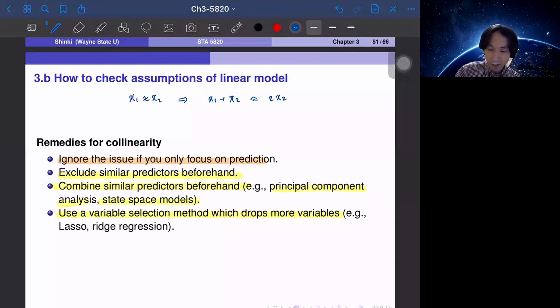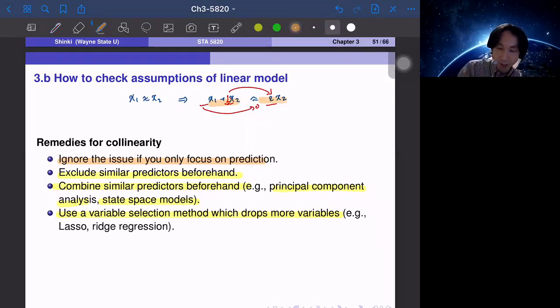But in terms of the estimated coefficients, it's a big change. 1 becomes 2 and 1 becomes 0. So that's a huge change. But in terms of fitted value, it doesn't change much.